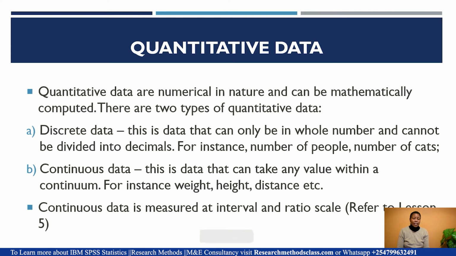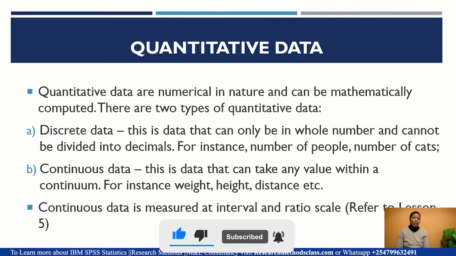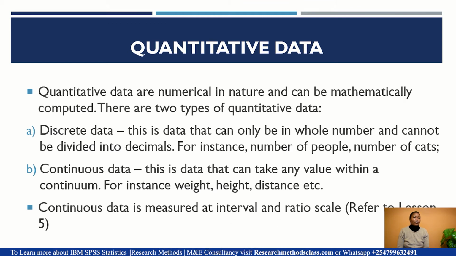If you are measuring the number of people or number of animals, they can only take a whole number. So you cannot talk about 10.5 of a person or persons. Neither can you talk about 50.7 animals. They can only be whole numbers, and those are called discrete quantitative data.